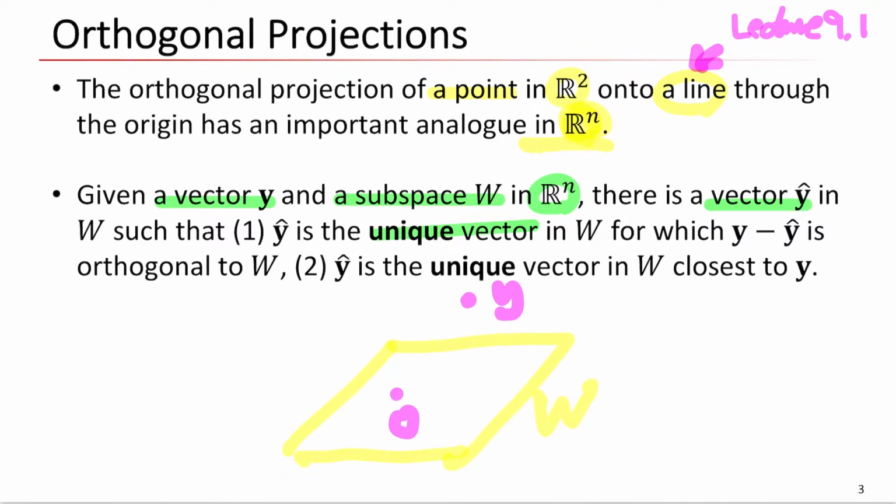So there is the y hat here, and then y minus y hat, this is y minus y hat. And y hat is orthogonal to the other vectors in the W space.